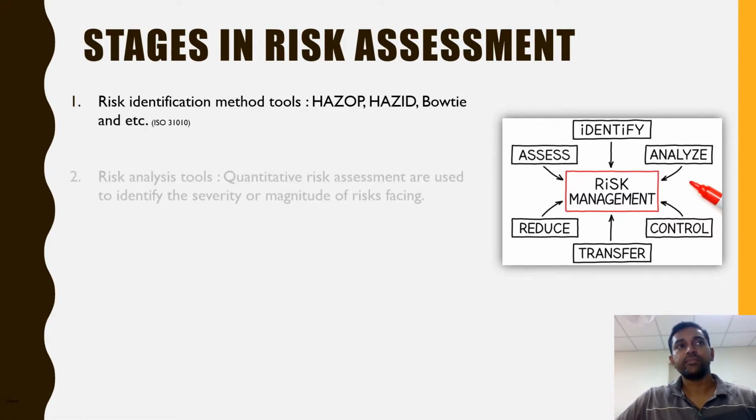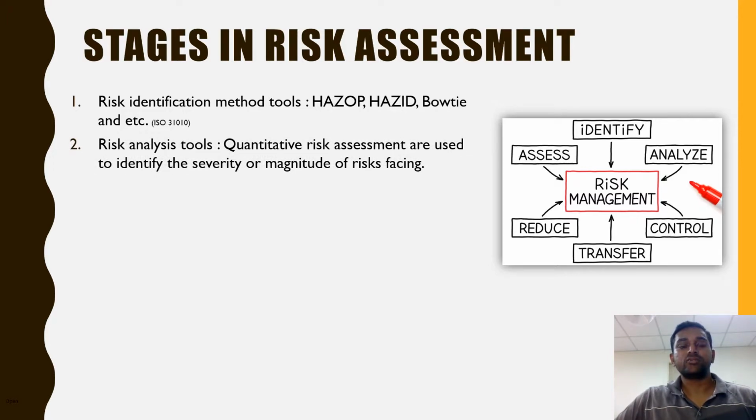Then the second step is the risk analysis tool. Once we identify the risk, we convert the risk into numerical order. So there is quantitative risk assessment, semi-quantitative, and qualitative risk assessment. We can choose whichever is suitable for our organization.